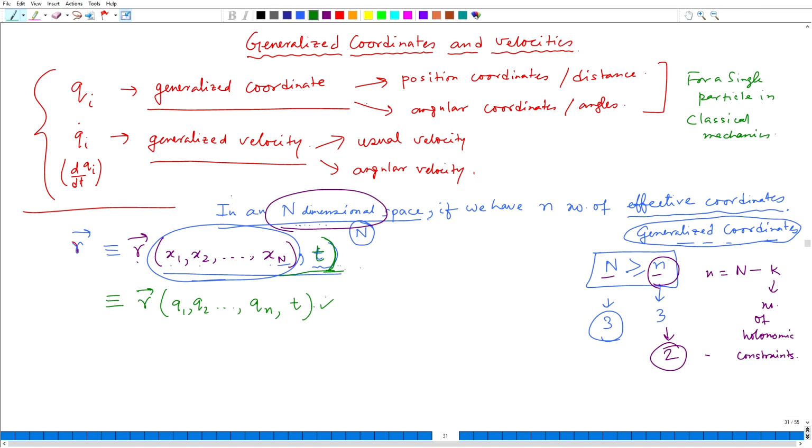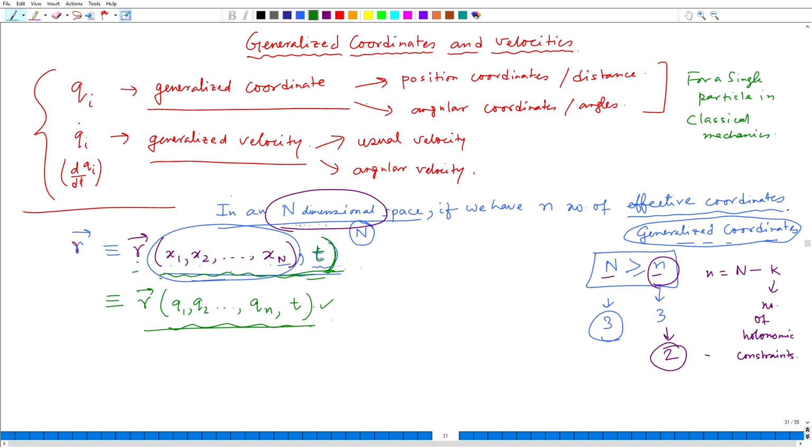So, if we have this, then I know that one possibility of connecting the two is by their transformations, and that is the only way by which you can represent the position vector in Cartesian coordinates and also in terms of the generalized coordinates.